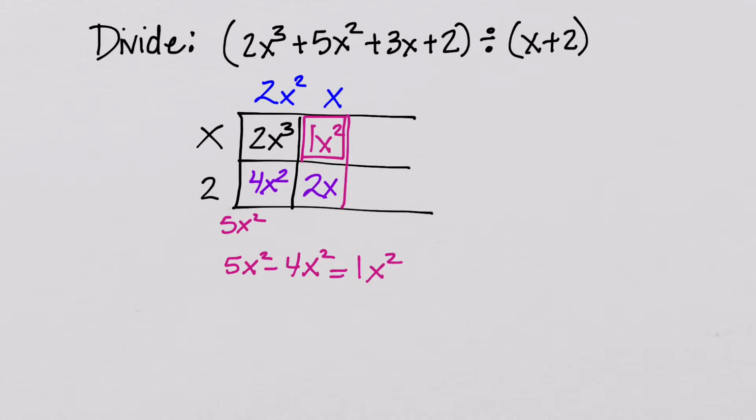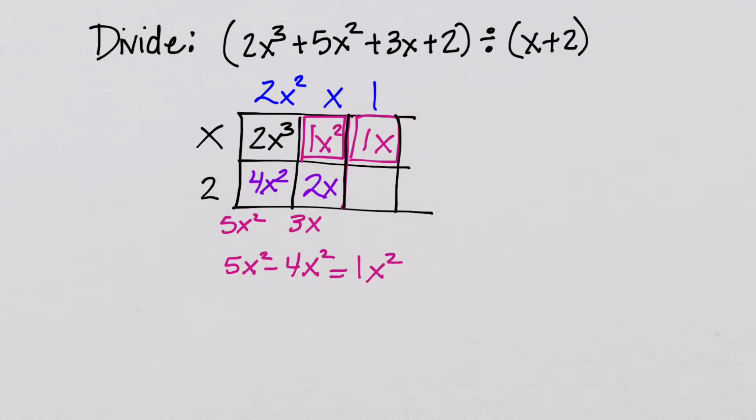Now for some more work here, we need to make these two boxes add to 3x. So that means we need another x because 2x plus 1x is 3x. Now if that's the case, then x times 1 will make x.